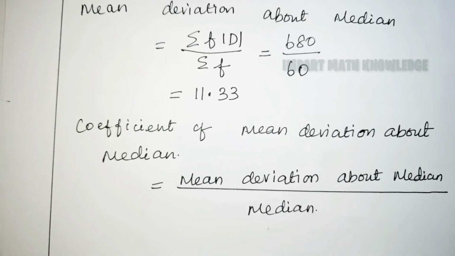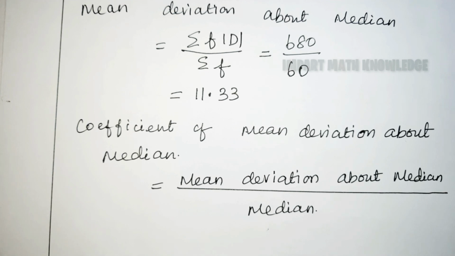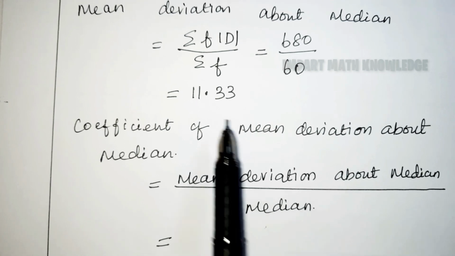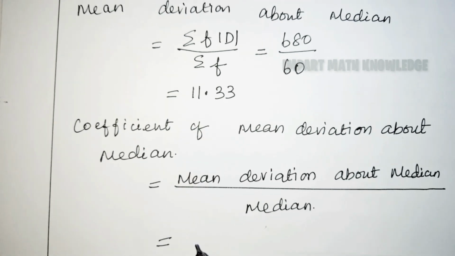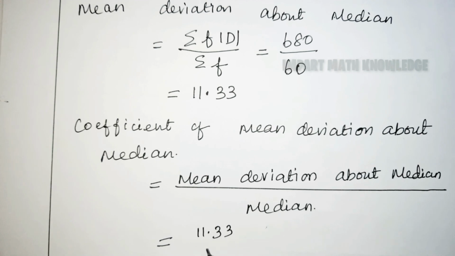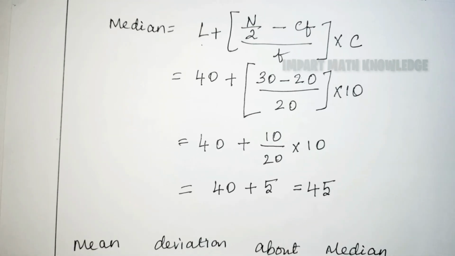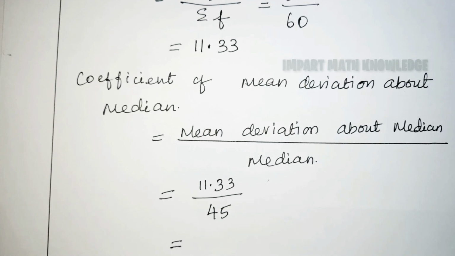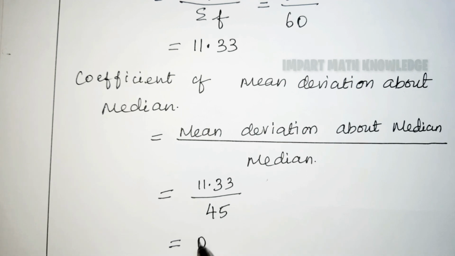Coefficient of mean deviation about median is mean deviation about median divided by median. Mean deviation about median is equal to 11.33, median is equal to 45. This is equal to 0.2519.